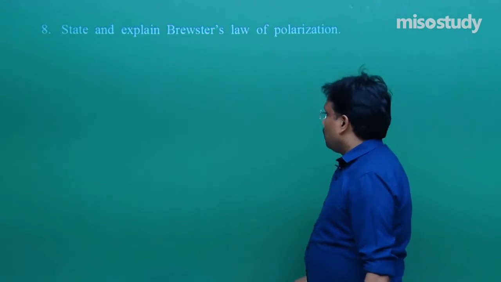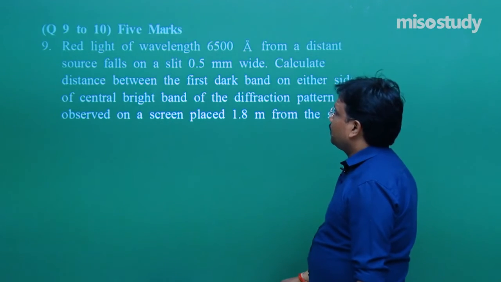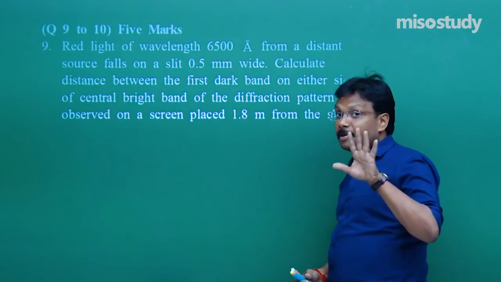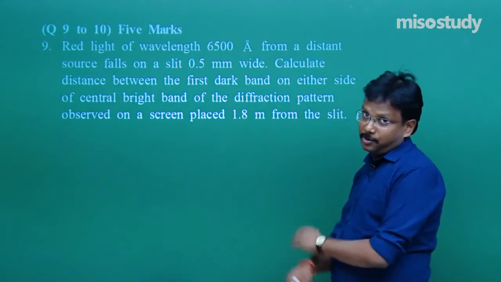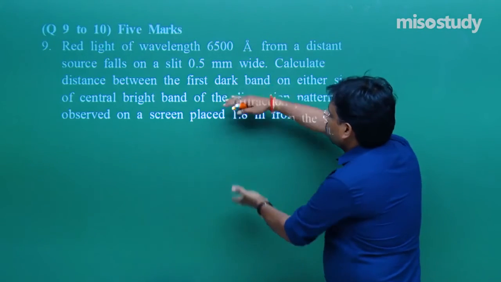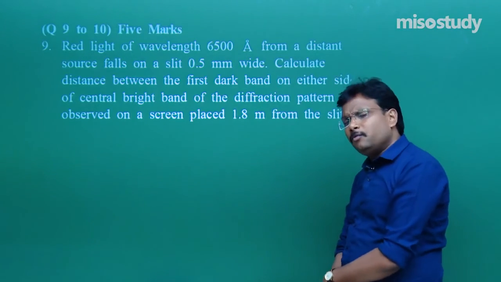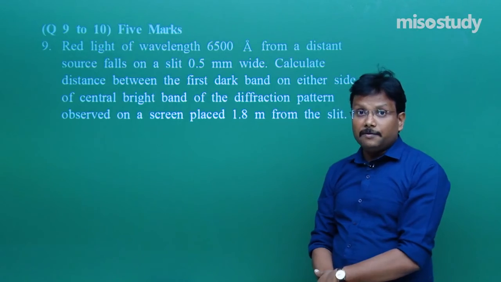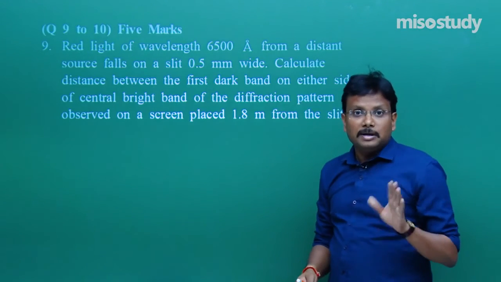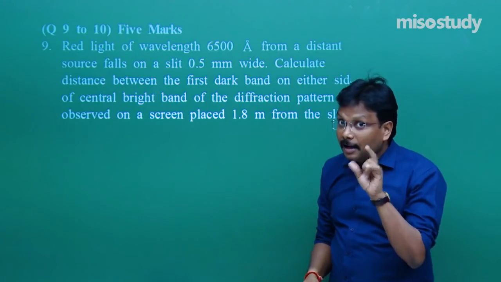Then comes question number 9. Now there is a specific reason why I picked this question. Reason is simple. Such a large question, and what is your mentality? Oh my God, very difficult question. Let's move on, something like that?